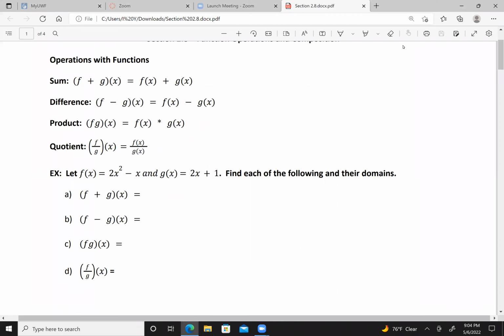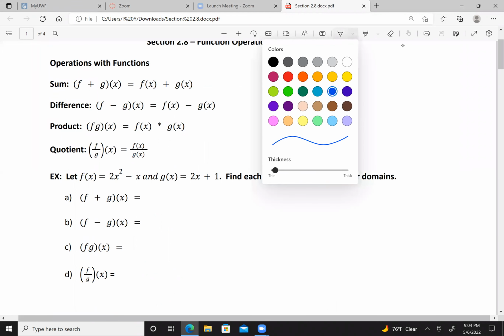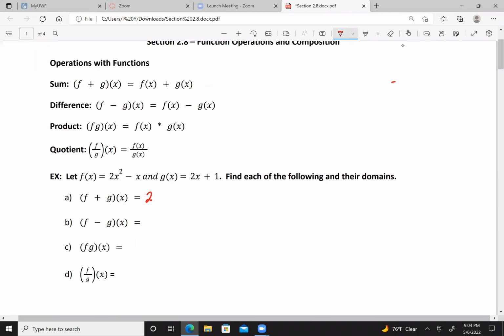So if we let f of x equal 2x squared minus x and g of x equal 2x plus 1, find the following. So f plus g of x is f of x, 2x squared minus x, plus g of x, 2x plus 1. Combine our like terms, get 2x squared plus x plus 1.